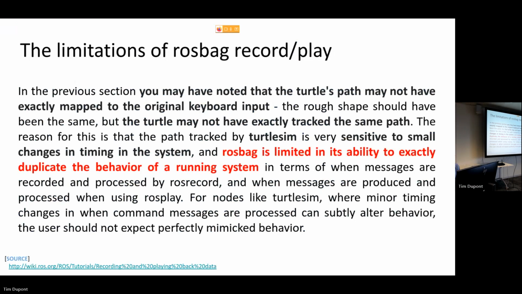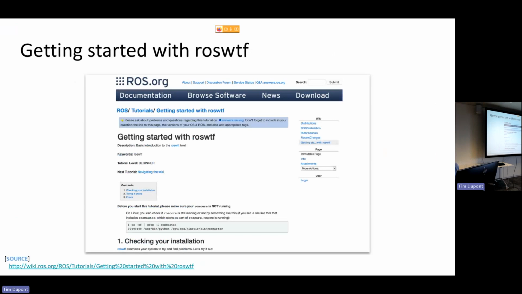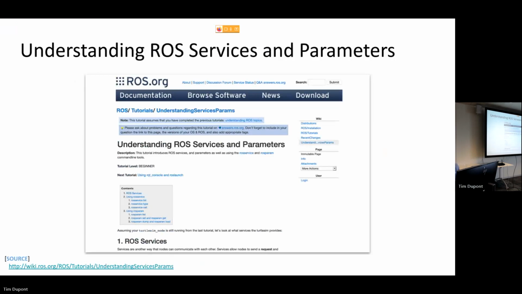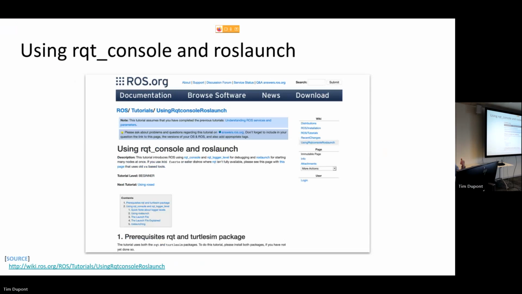There's also a command called roswtf. If something goes wrong, you can use it. It's something I actually never use, but it exists. There's a lot of cool information on services and parameters, all in the documentation.